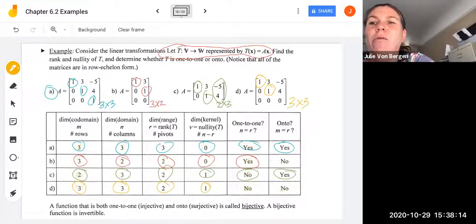And so it's not 1-to-1 because the number of columns is not equal to the rank. And it's not onto because the number of rows, or the dimension of the codomain, also does not equal the rank. So you could imagine if you were multiplying here, you would lose a whole dimension here, right? You just get zeros. So it makes sense that it's not onto, and you can see it's also not 1-to-1.